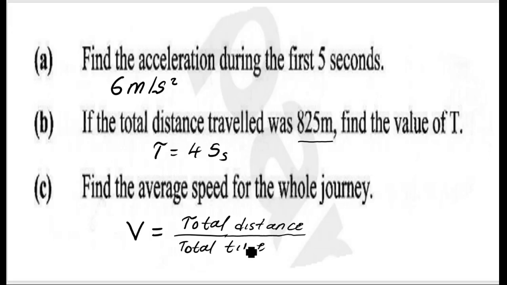Total distance over total time is the one which gives the average speed.